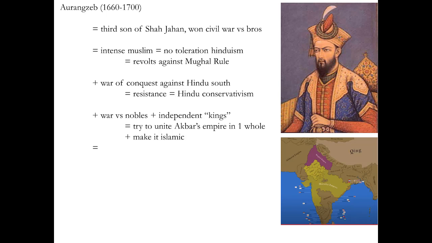Well, that's a problem because it means every time a Shah dies, every time a leader dies, is one, civil war, and two, about to fall apart, to break into pieces.